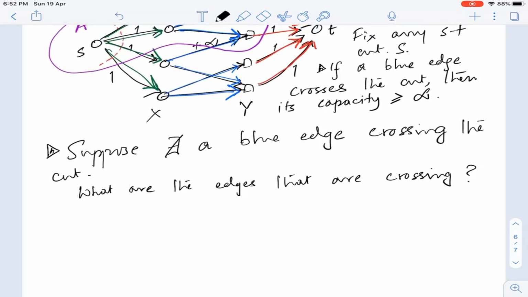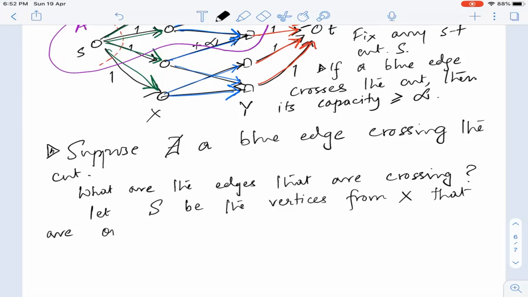Okay, so let's have some notation. Let capital S be the vertices from X that are on the A side of the cut.